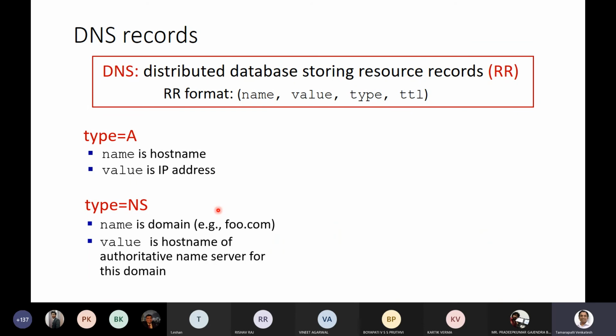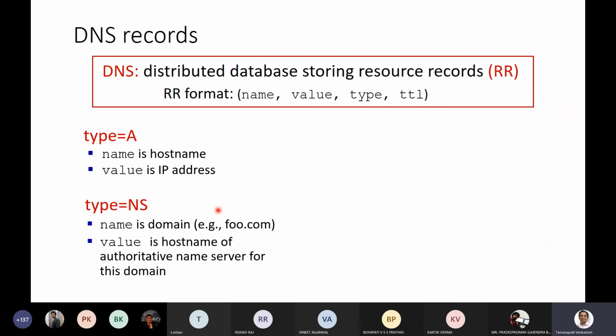The other type of resource record is NS, which is what was used in the iterative query when a root server is pointing the resolver to the TLD server. The root server doesn't have the type A record for the UMass machine that you are trying to resolve, but it knows which name server can help you with this resolution.